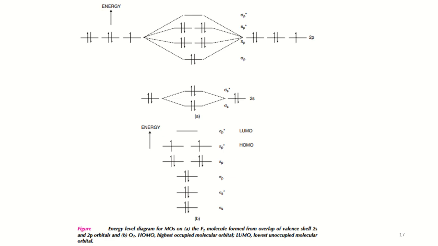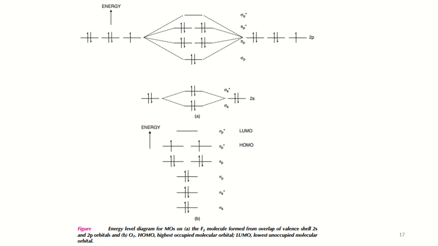For the energy level diagram shown in this picture, there is no interaction between s and p orbitals. In many cases, the interaction between s and p orbitals does occur, as shown by detailed calculations of orbital energies, which give the sequence of molecular orbitals on the energy scale, and by various electronic properties.